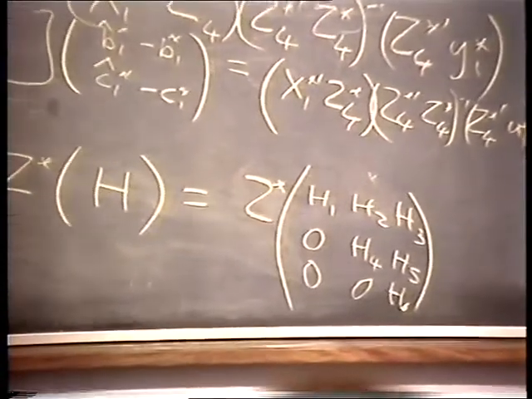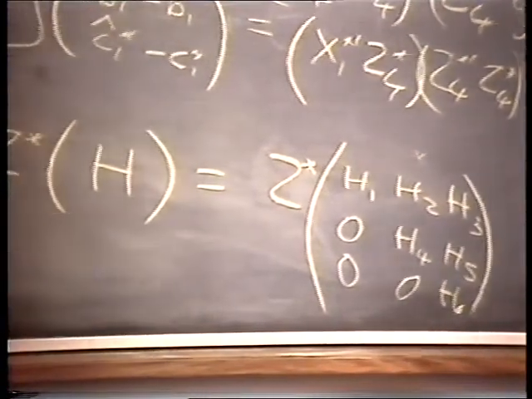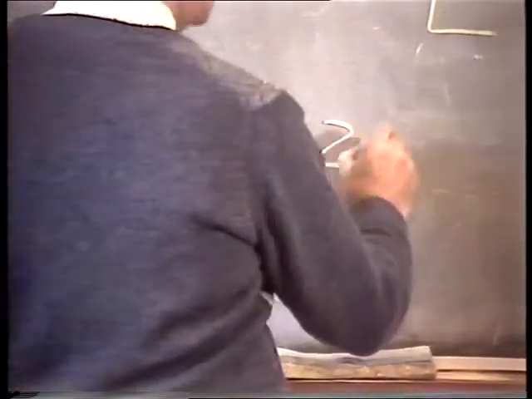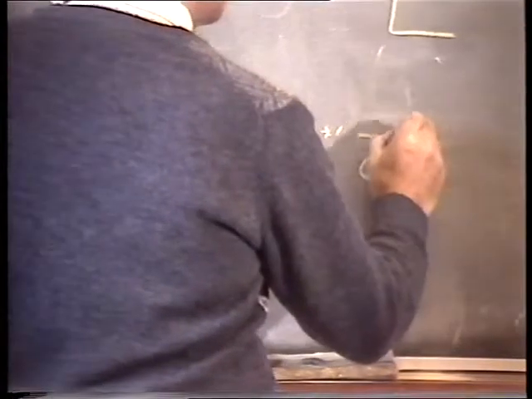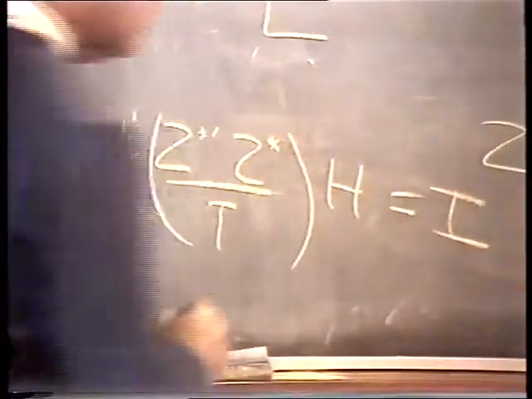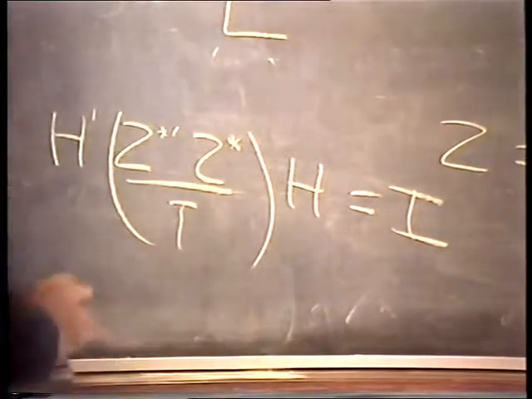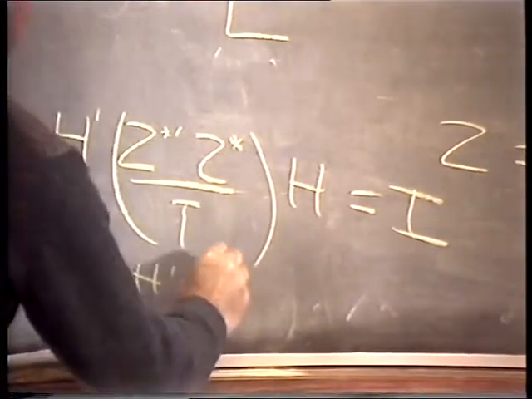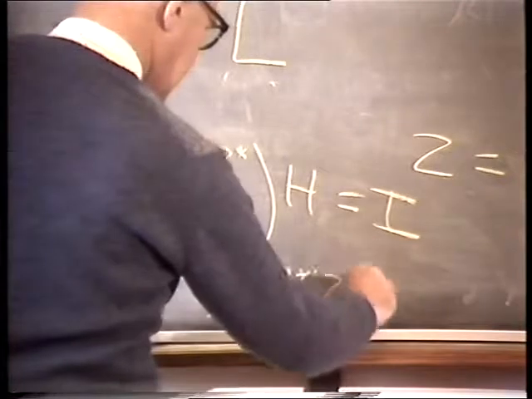And if you make that further restriction, what you're doing, you see, is to say that you require that the H matrix satisfies H prime Z star prime Z star upon T times H equals I, or you're probably familiar with the fact that that is then equivalent to H prime H equals Z star prime Z star upon T inverse.